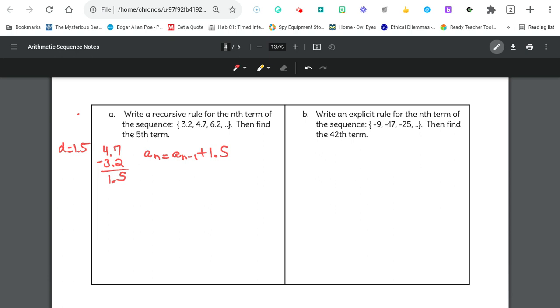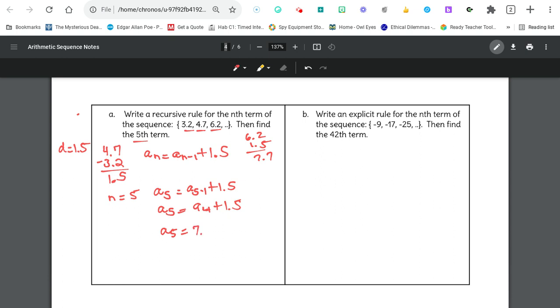And then as far as the fifth term, n is equal to 5. So you're going to end with a sub 5 equals a sub 5 minus 1. Some of you may just want to put a sub 4, the fourth term, plus 1.5. The fourth term will be 7.7.